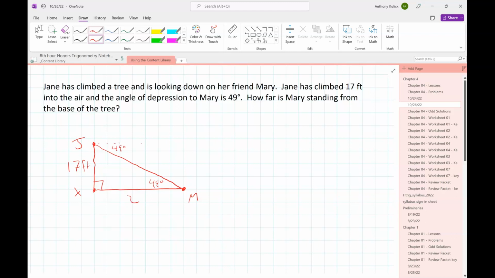And what are we looking for? We're looking for that distance, right? How far is Mary standing from the base of the tree? So what do you want to use here? Tangent. Okay, what can I say? Tangent of 49 equals 17 over x. To solve this for x, what should I do first?